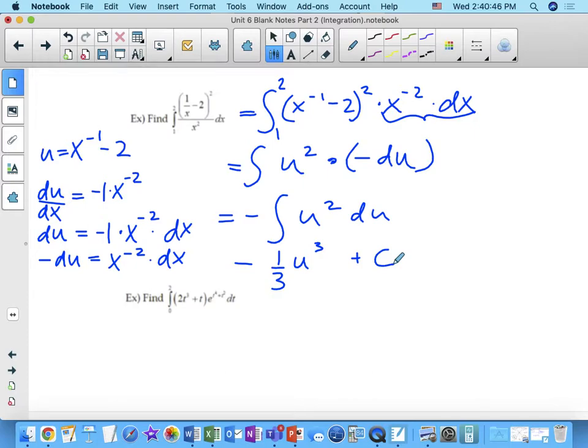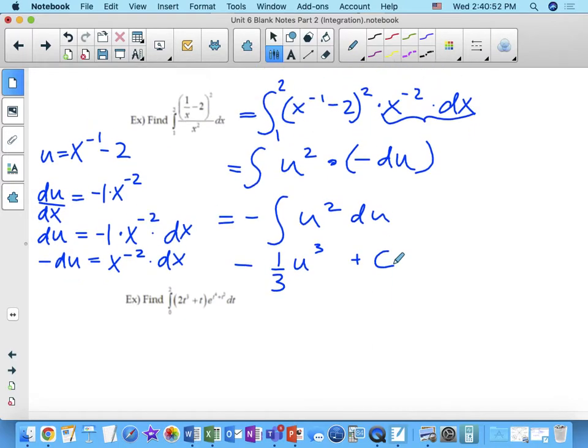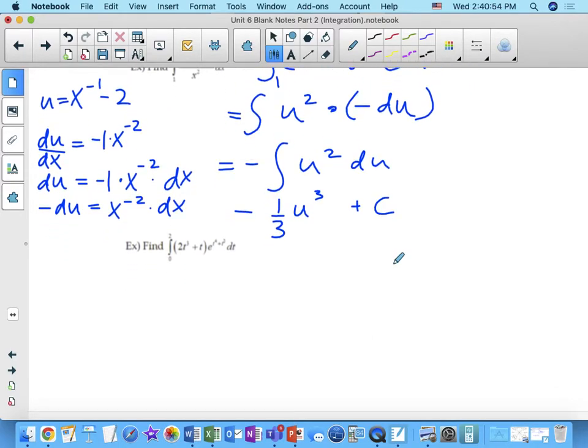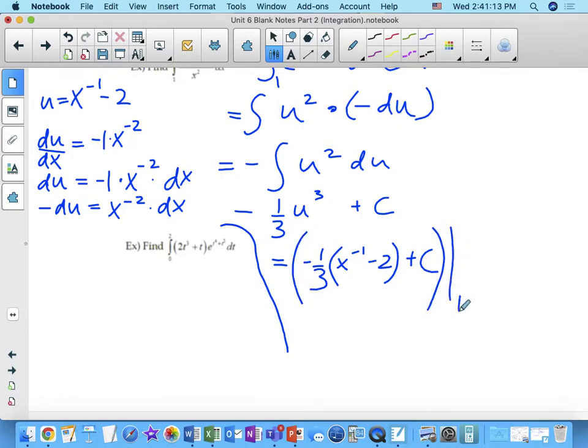And so now we could put this 1 and 2 in as the lower limit and the upper limit for x. Okay, so this definite integral, I'm running out of space here, is going to equal negative 1/3 of x to the negative 1 minus 2, plus c, from 1 to 2.